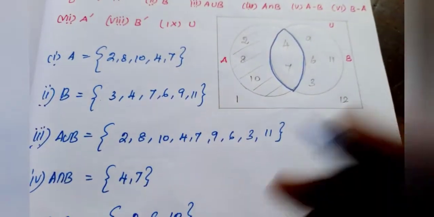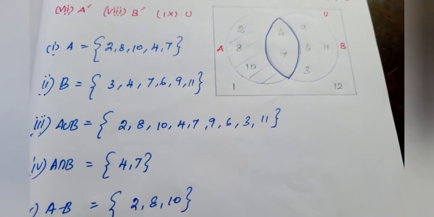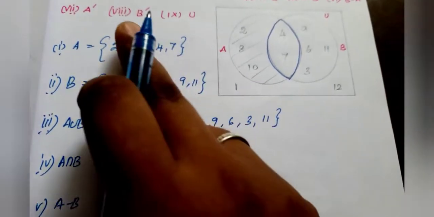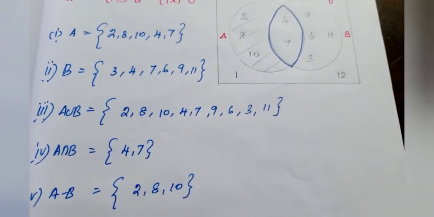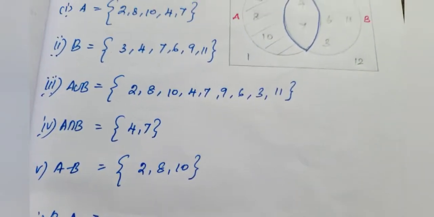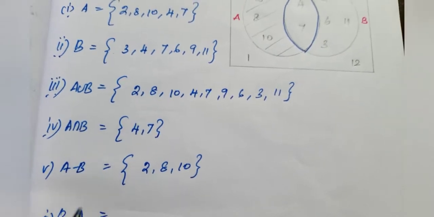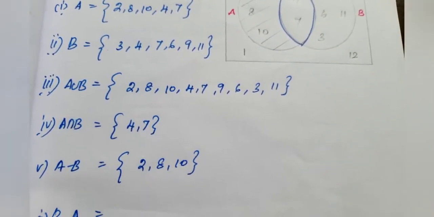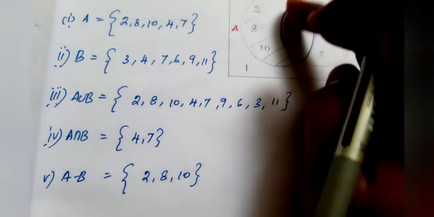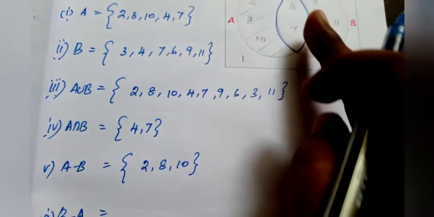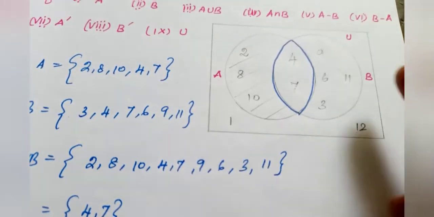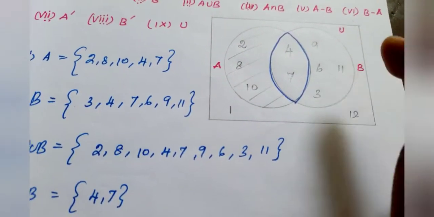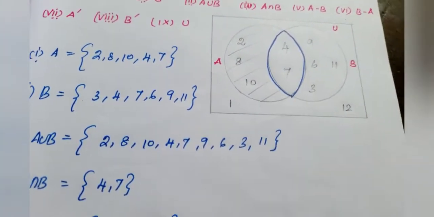Okay, what is B minus A? Here you can see the same procedure. B minus A means write only the elements of B and subtract the elements of A. So you have to forget all these values of A, and write only the elements of B, removing the common elements.